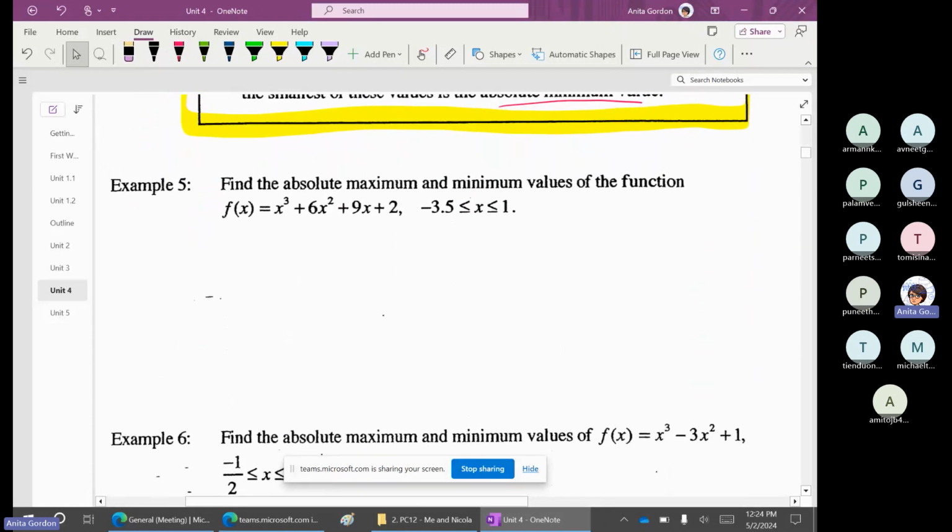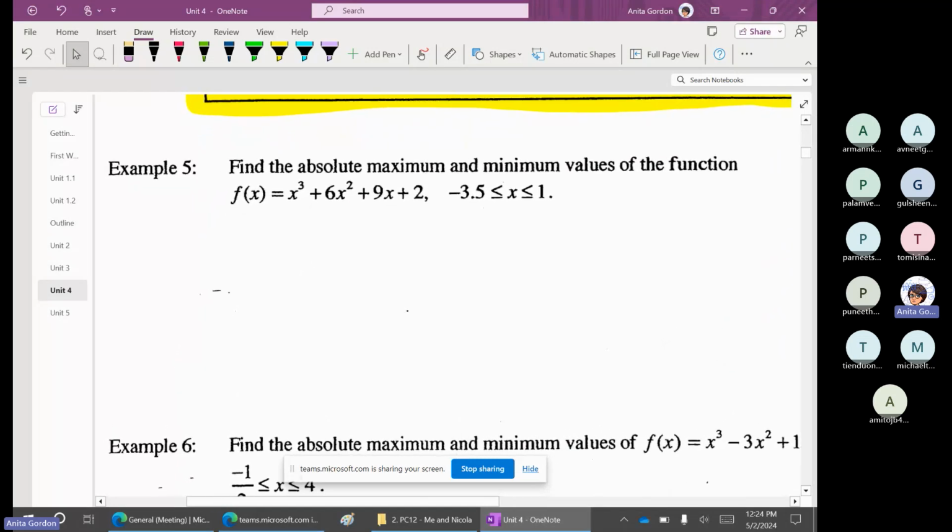Find the absolute maximum and minimum values of the following function. Here is our interval. Okay, first thing I'm going to do number 2 and then number 1, just because it's slightly easier, at least easier to see. What is the function when x is negative 3.5? And what is the function when x is 1?